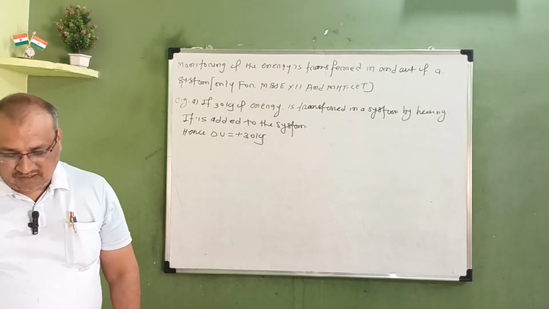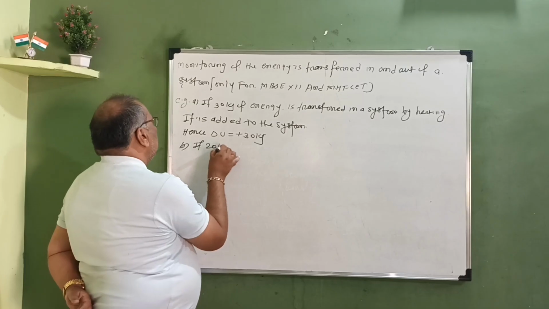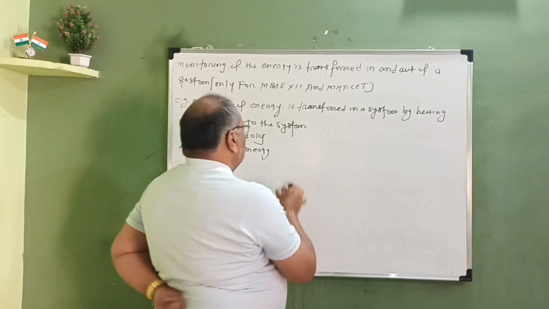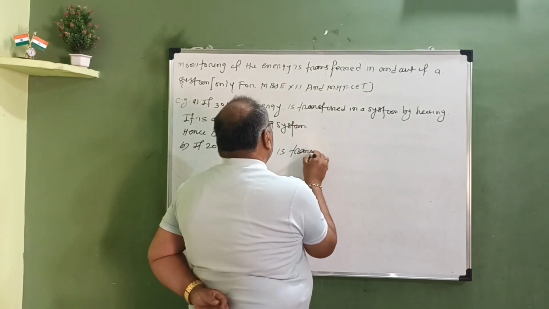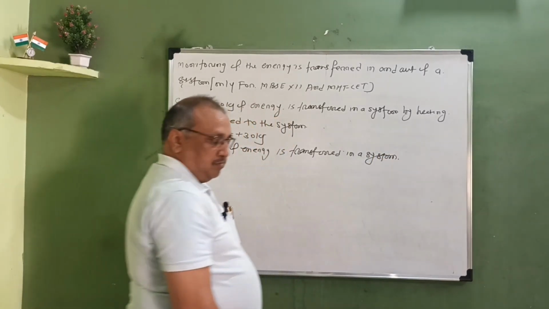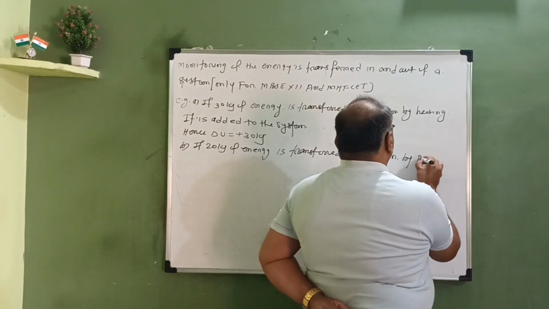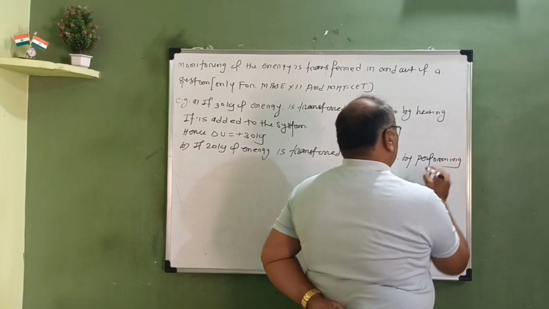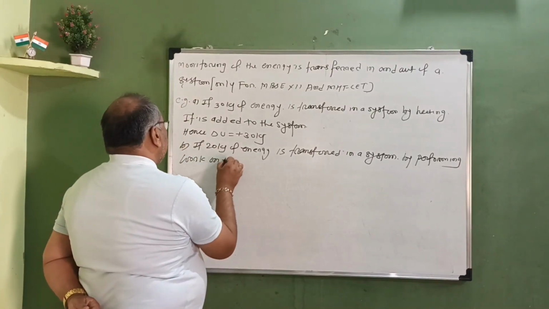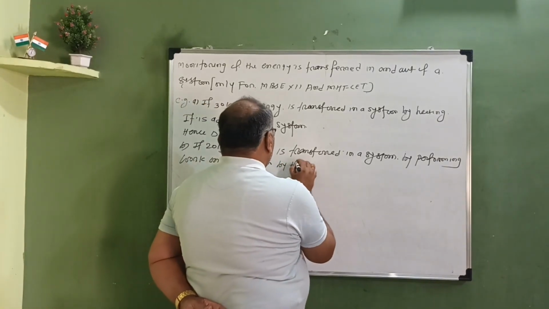Second, if 20 kilojoule of energy is transferred in a system by performing work on the system by the surrounding.